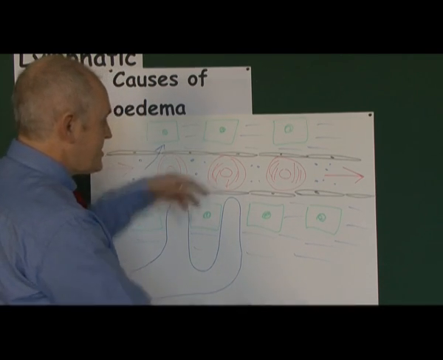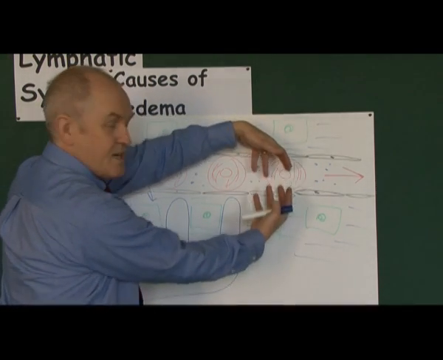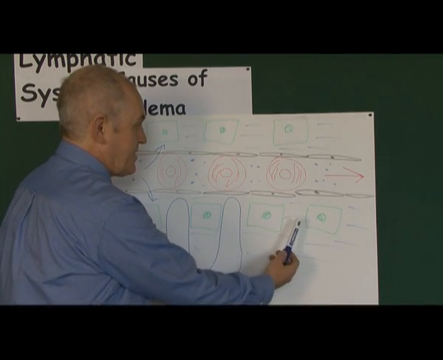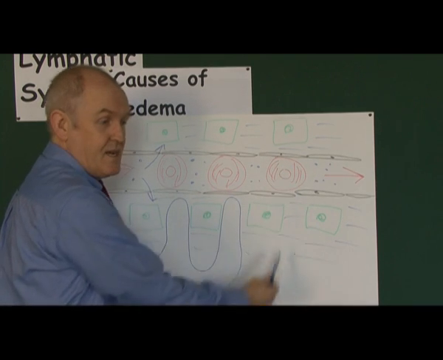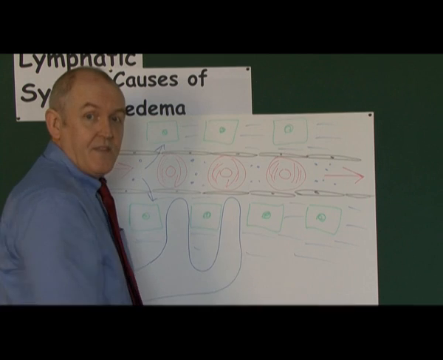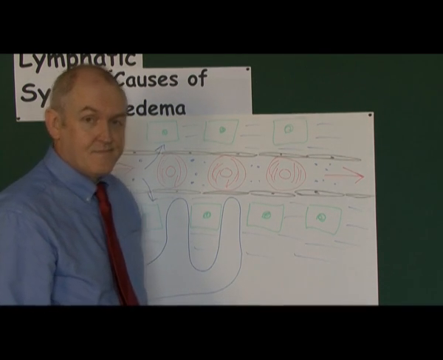And that's going to mean that there's no suction effect to suck the water back in. That means the tissue fluid is not going to be sucked back into the capillary. That means it's going to be left in the interstitial spaces, and that can give rise to edema.